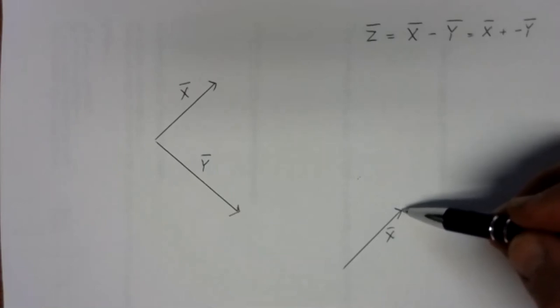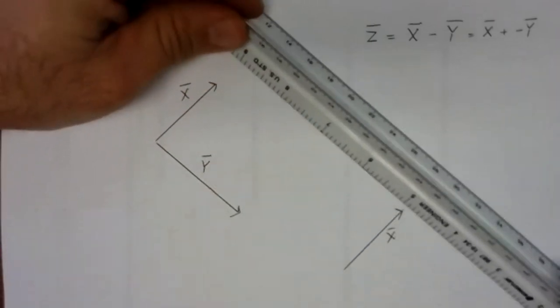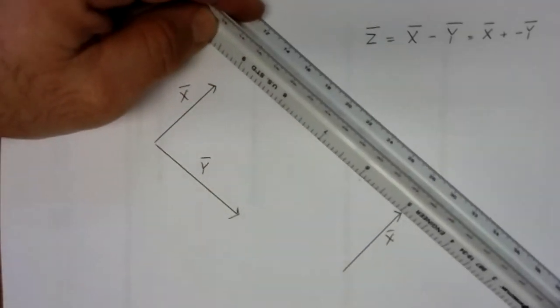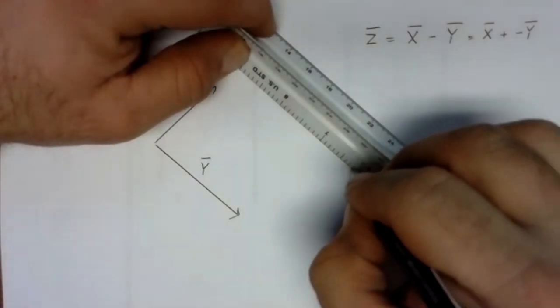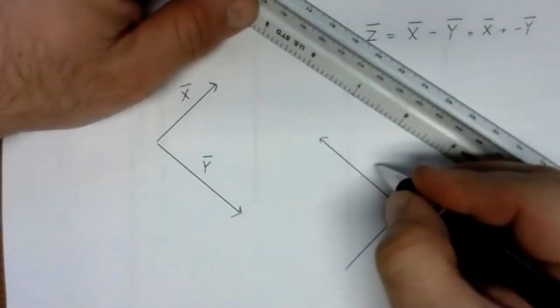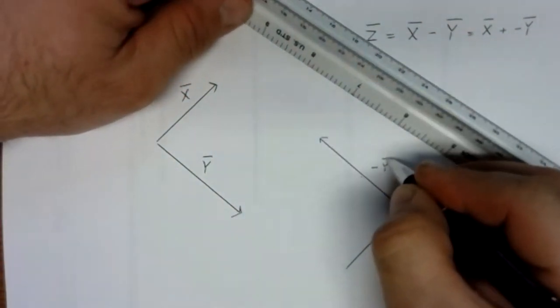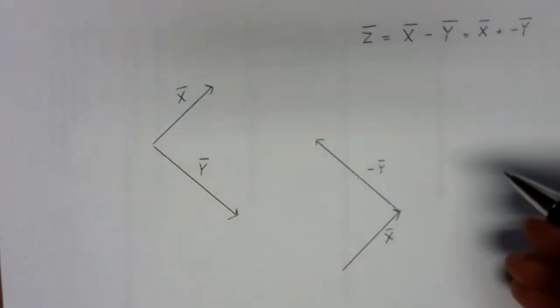Drawing negative Y starting at the head of vector X. So it's going to look something like that. This would be negative Y. So it's Y flipped around.